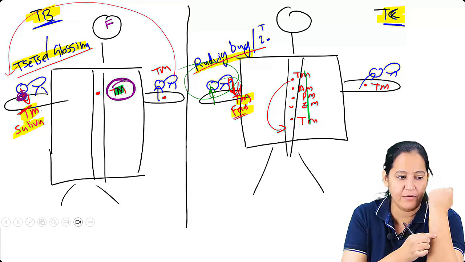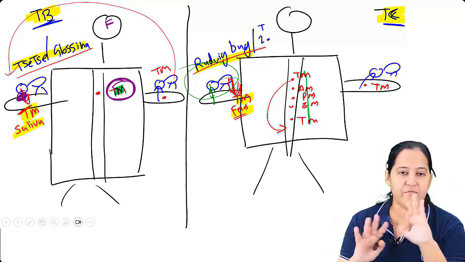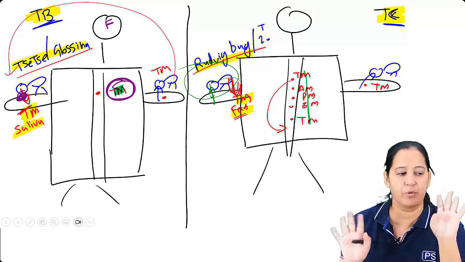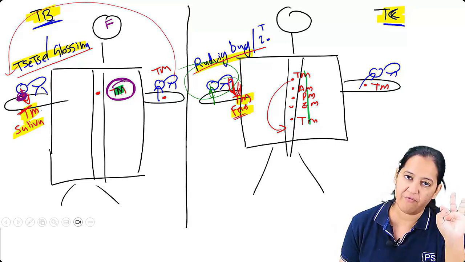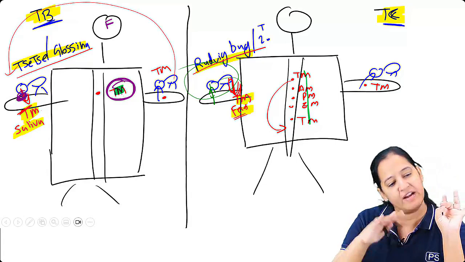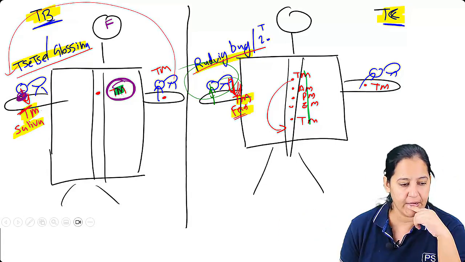Trypo is the infective form for both. That is a summary. Trypo is the infective form for man as well as both the bugs. Ultimately the summary is trypo. What is the infective form for man in both of them? Trypomastigote. What is the infective form for the bugs? The answer is everywhere trypo only. That is the summary. Okay, got it?